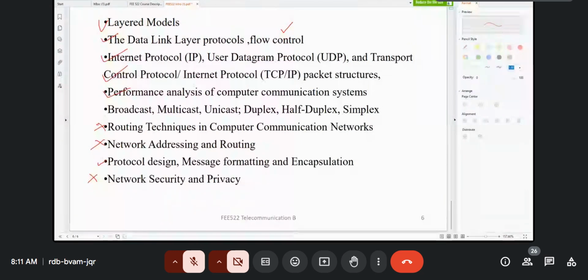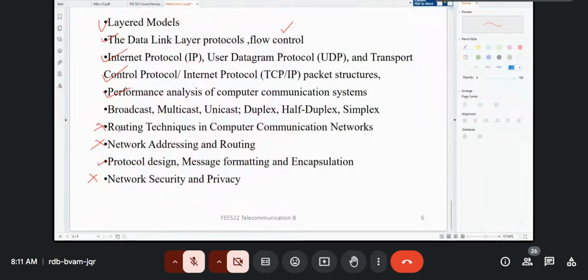We'll look at IP, but for the IP, we will not get into IP addressing. That's why I cancelled this part, network addressing and routing. These are two different large topics in computer communication.